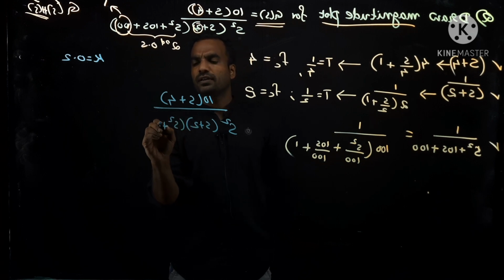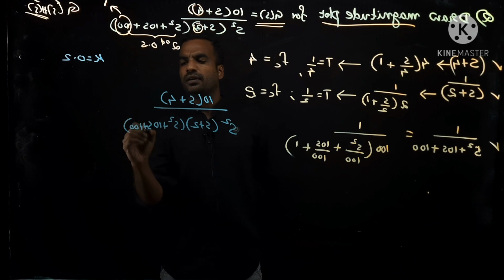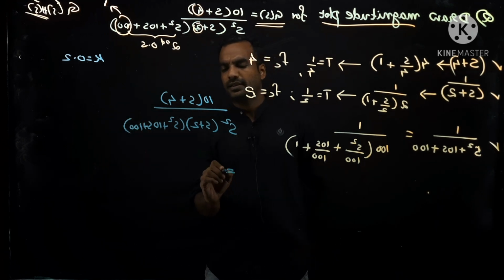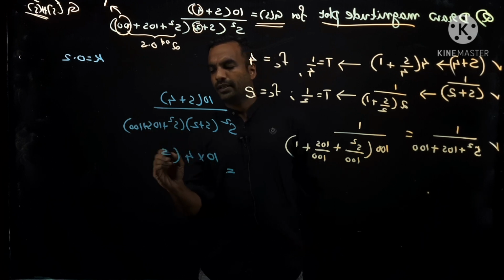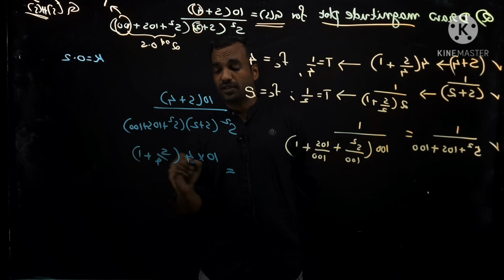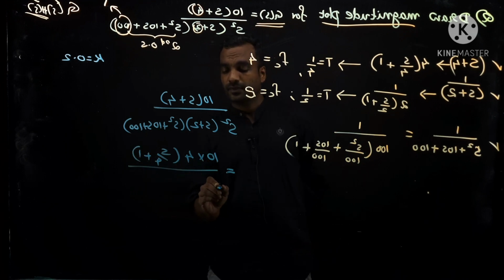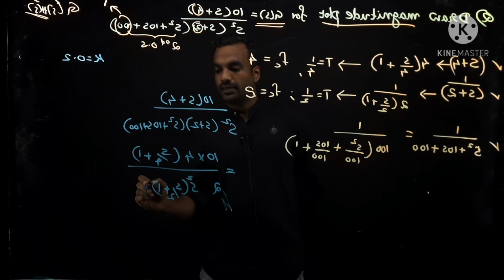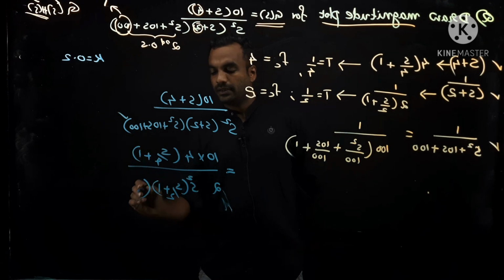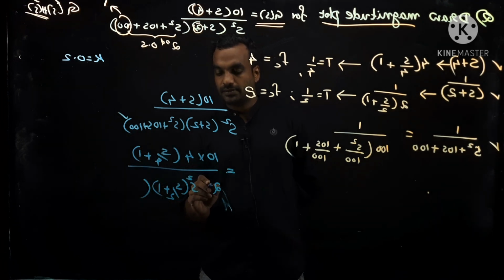Actually, this is the question in non-standard form, and I can directly rearrange it: 10 into 4 is taken outside, so s by 4 plus 1, divided by, 2 is taken outside, so s by 2 plus 1, into s square, and in this one 100 is taken outside.